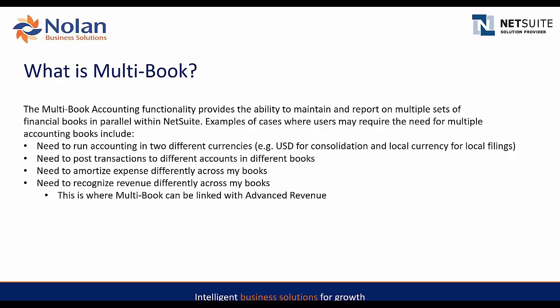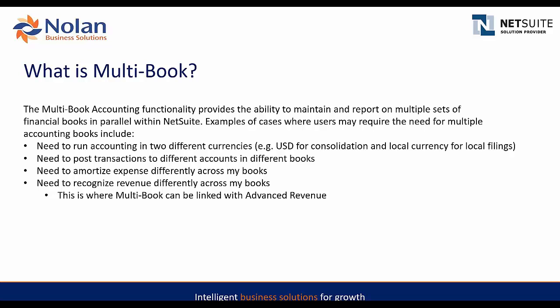A few examples of cases where multiple accounting books might be needed in NetSuite: one, you might need to run accounting in 2 different currencies, so US dollars for consolidation purposes, but local currency for local filings.